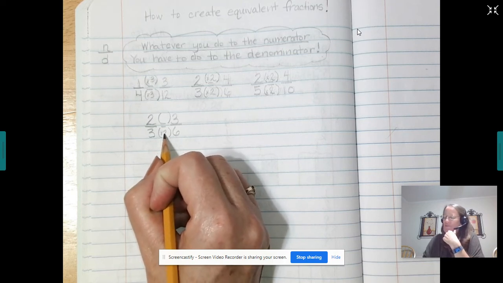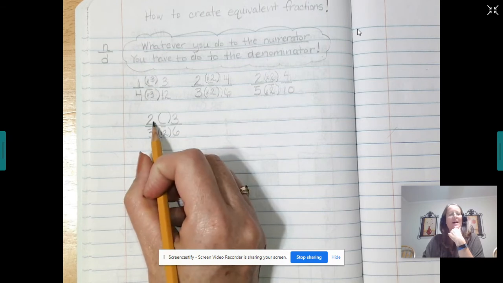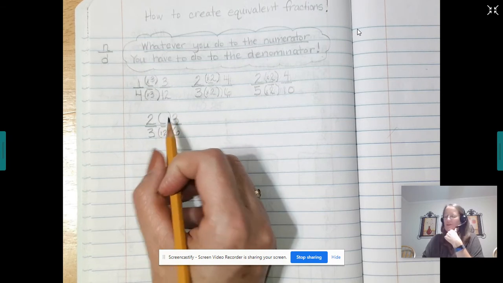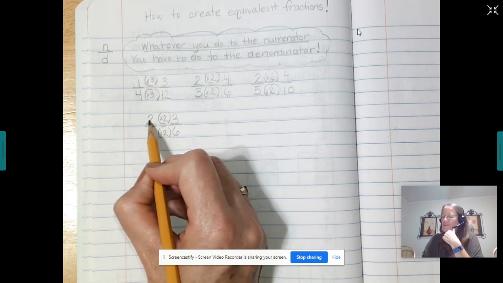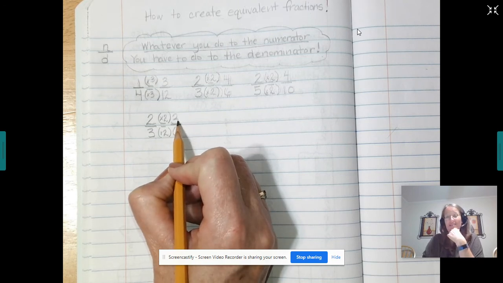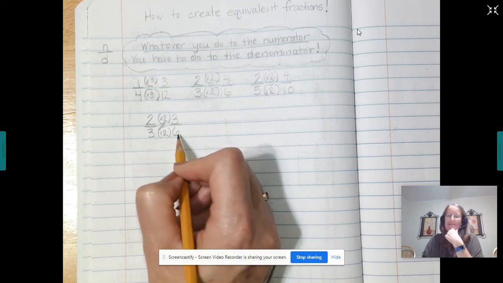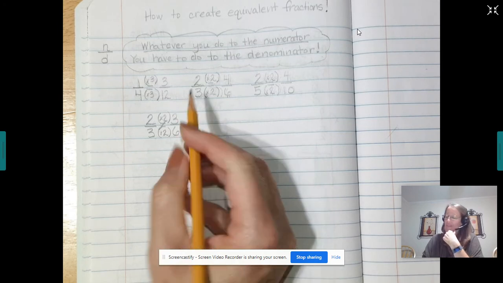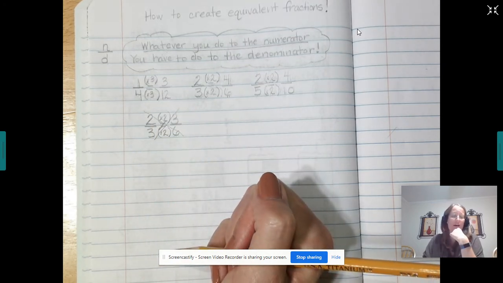Yeah, times 2. And whatever we do to the denominator, we have to do to the numerator. Is this true? 2 times 2 equals 3? So 2/3 is not equivalent to 3/6. Those two are not equivalent fractions.